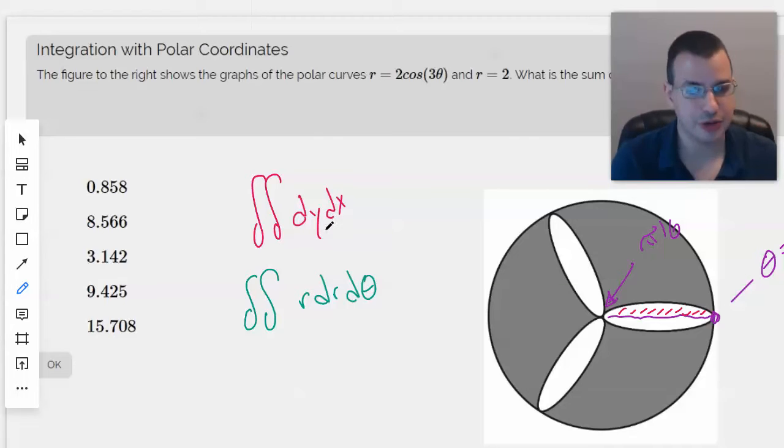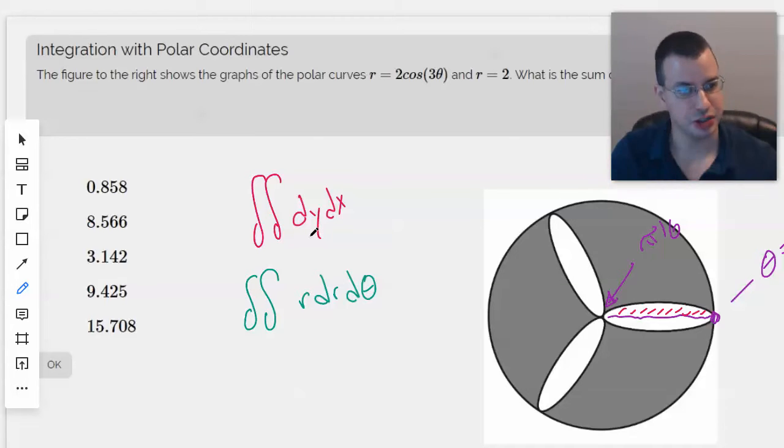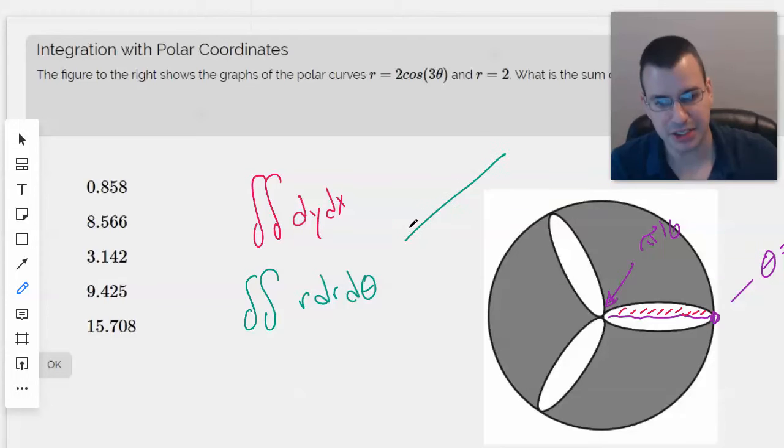One thing to remember is when you convert from dx and dy to dr d theta, you have to put in an extra r. There's not an easy way to explain that based on what we know so far.